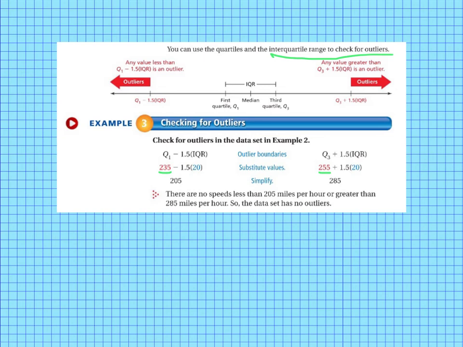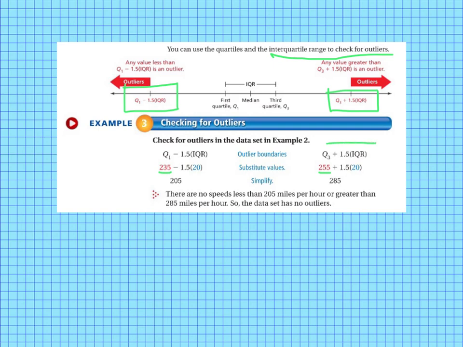In order to use our interquartile range to check for outliers, we add 1.5 times the IQR to our Q3, and we subtract 1.5 times the IQR from our Q1. Here are our steps. We're finding our outlier boundaries.